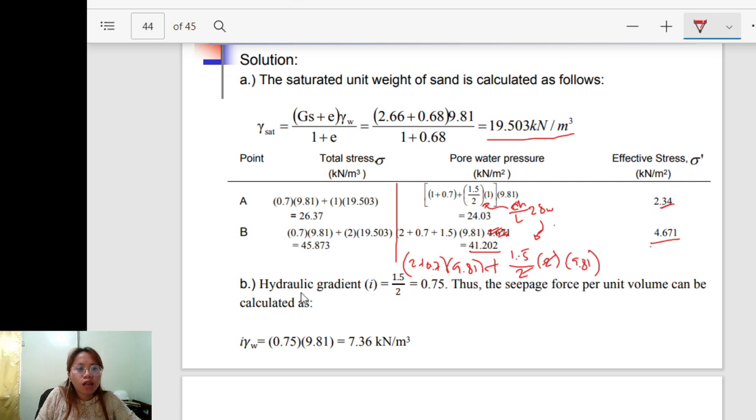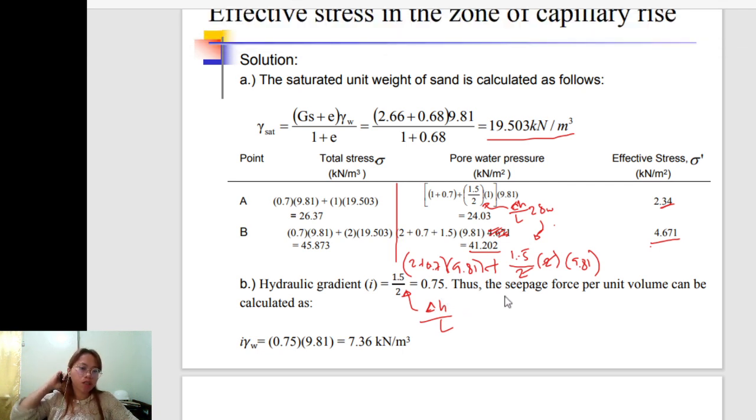The hydraulic gradient i, which is delta H over L, is equal to 0.5. Thus, the seepage force per unit volume can be calculated as, okay, this is the seepage force per unit volume.